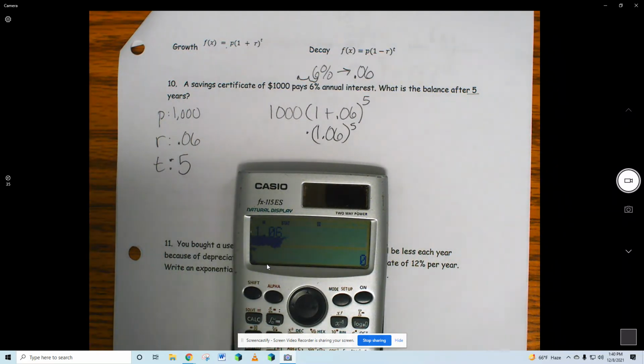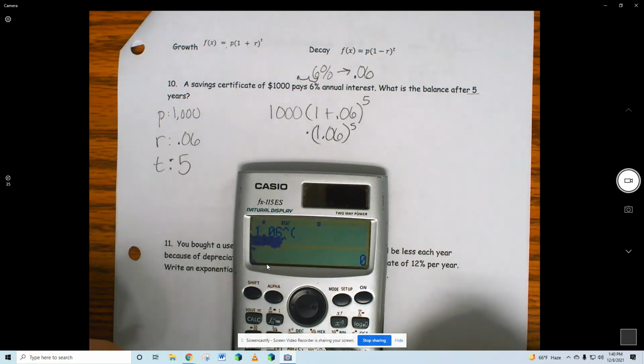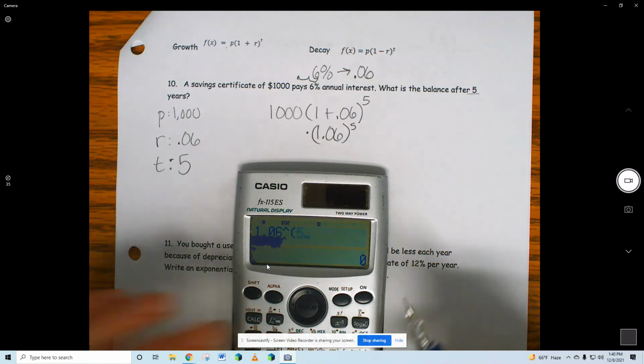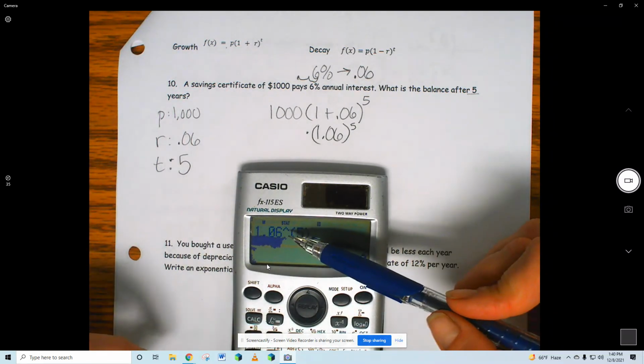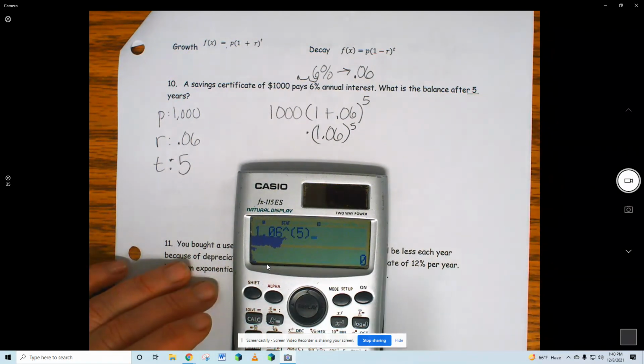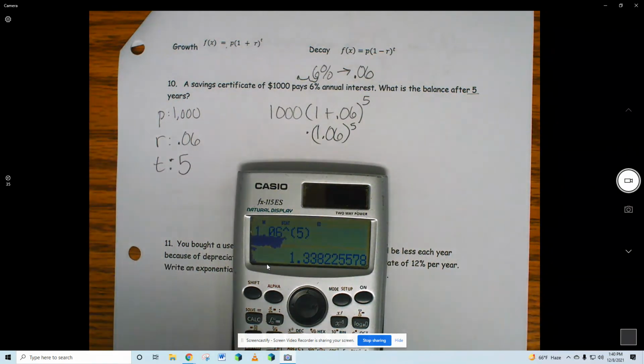Oh, here. X to the box, 5. This caret symbol is another way to write an exponent. That number is 1.338. If I wanted to round, which I always should to make my life easier, I guess just 1.3.